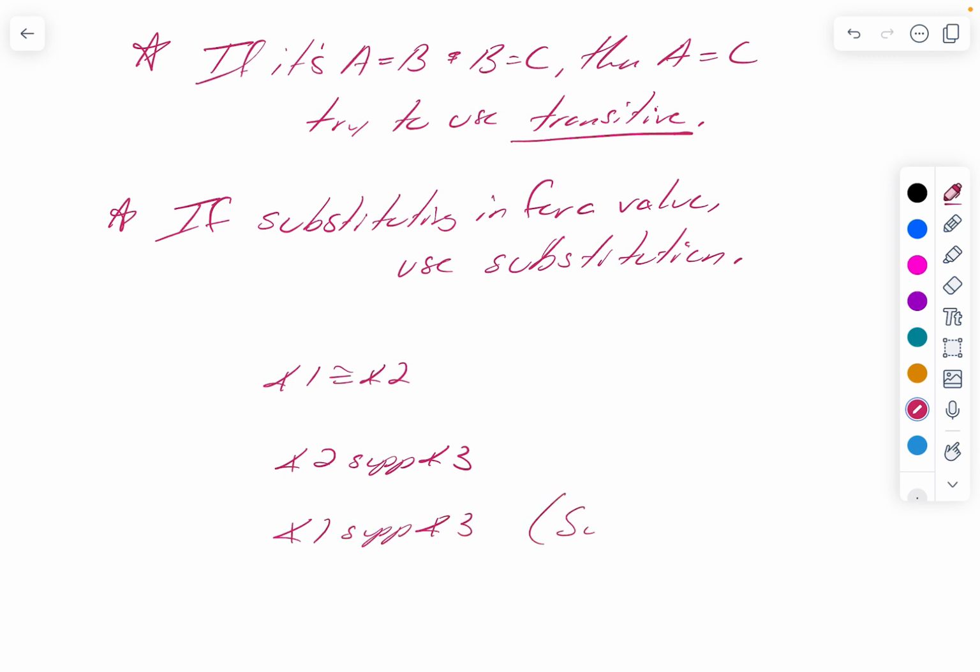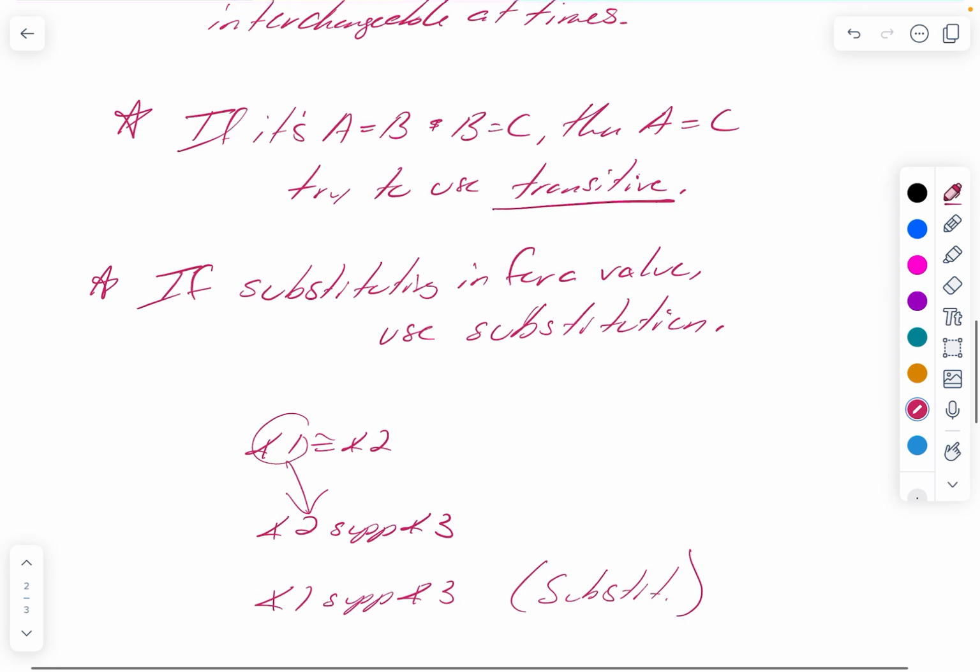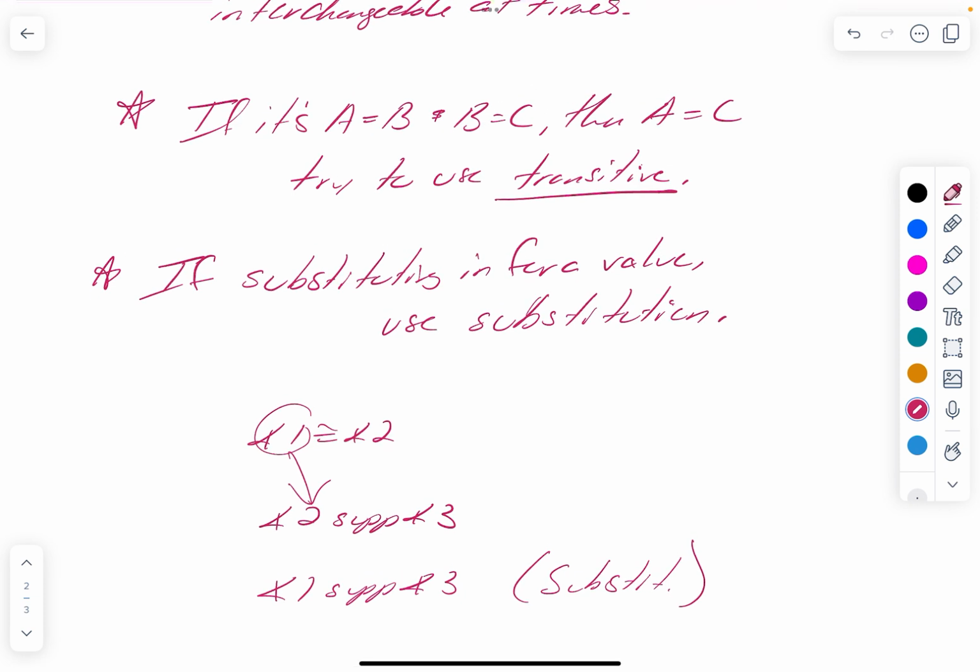That would be substitution, because since angle 1 is congruent to angle 2, we can replace this in here for angle 2. It's not transitive. We don't have this chain of reasoning to use the transitive property. So you'll see on the assignment today, we're going to be using not just the transitive and substitution properties, but all the things that we've learned this chapter.